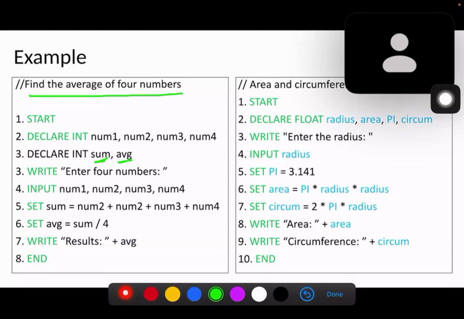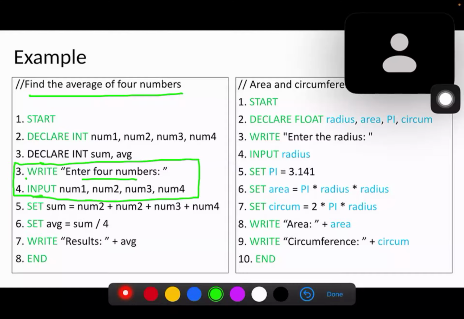So here you create the variables. Remember to declare int num1, num2, num3, num4. Then we declare int for 2 variables, the sum and the average. In fact, I could have added them to the back of this one, but I didn't want the whole thing to be very long. So you can add them to the back if they are the same type. Please remember, if they are the same type, add them to the back. Now line 3 is telling the user to enter all 4 numbers at the same time.